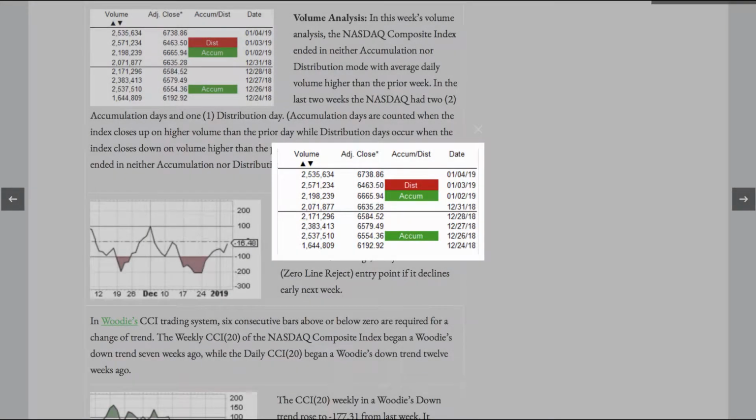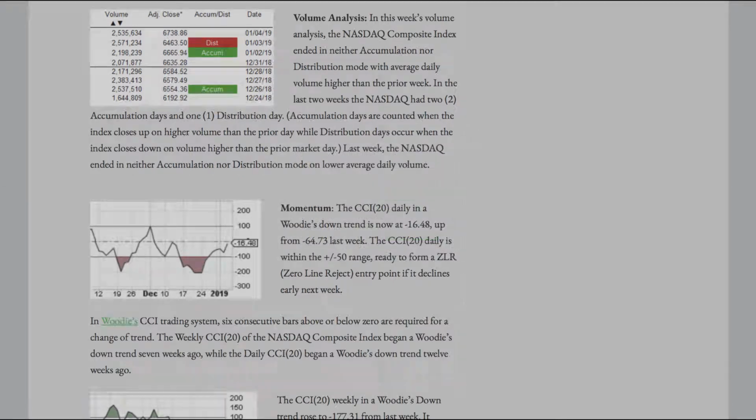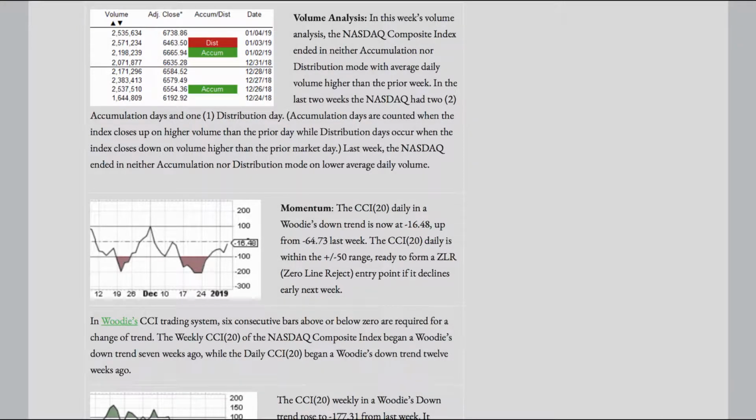Volume analysis. In this week's volume analysis, the Nasdaq Composite Index ended in neither accumulation nor distribution mode, with average daily volume higher than the prior week. In the last 2 weeks, the Nasdaq had 2 accumulation days and 1 distribution day.